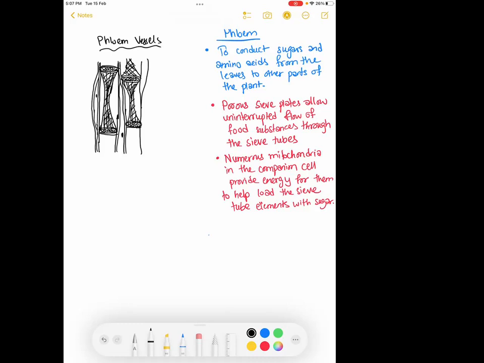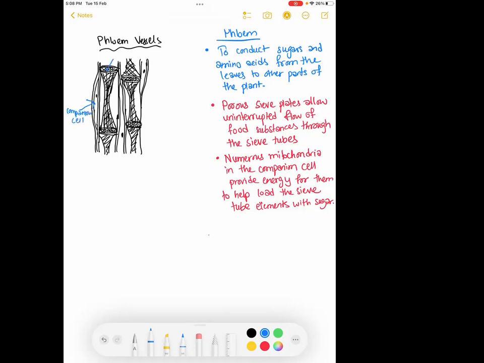I hope you get a picture. Now, obviously, these are the different companion cells, okay?